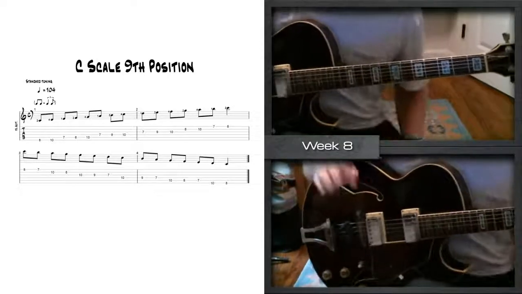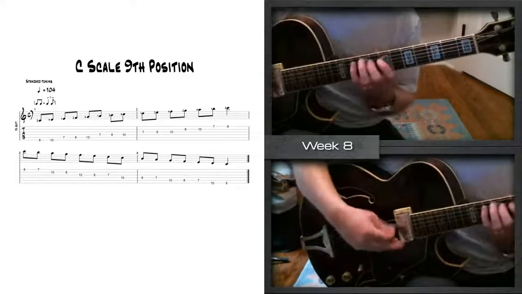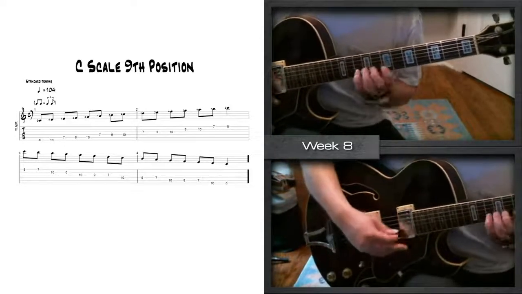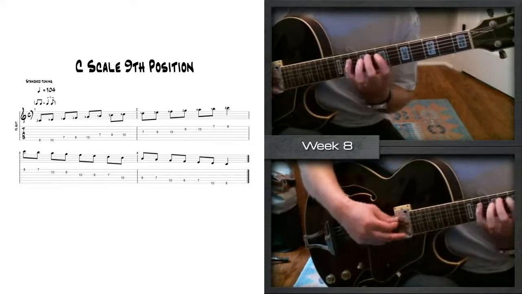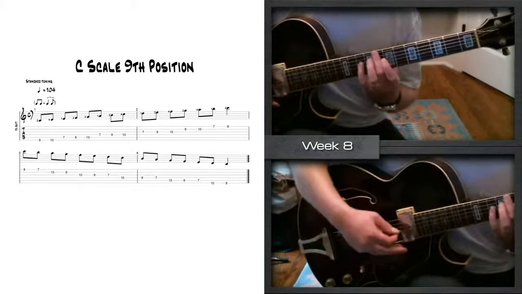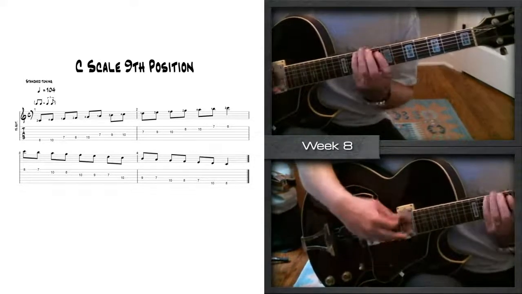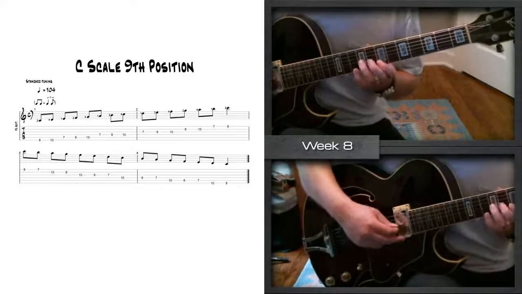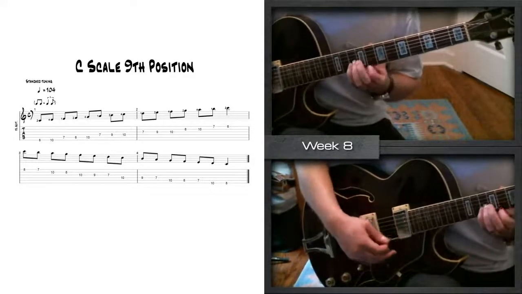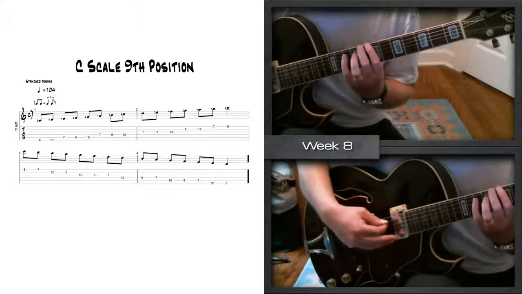Everything is fingered correctly, and we're dealing with 8th notes here. 2, 4, 1, 2, 4, 1, 3, 4, 1, 3, 4, 2, 4, 1, 2. There's our C scale.